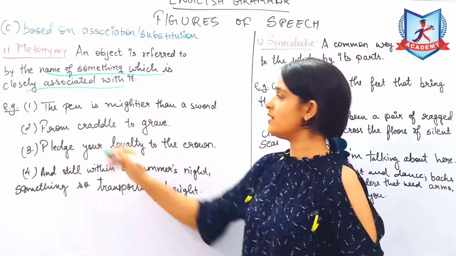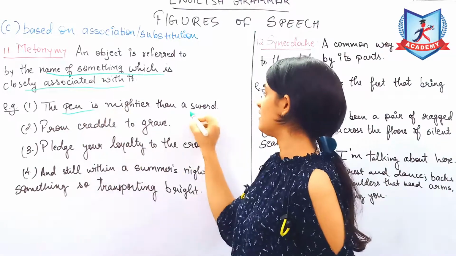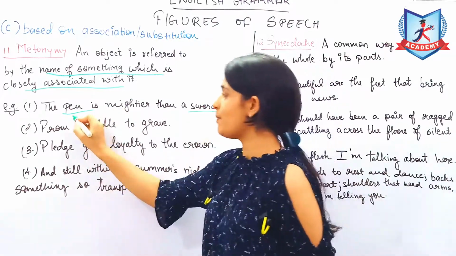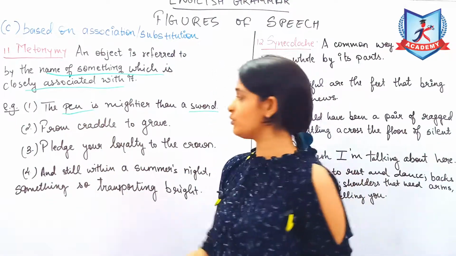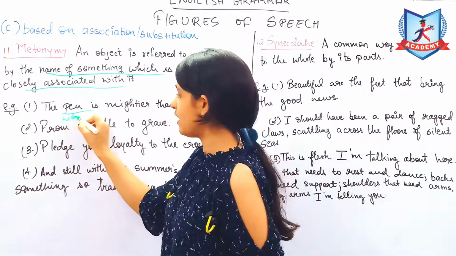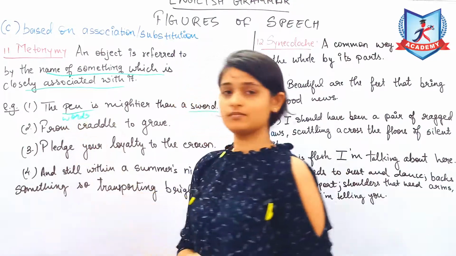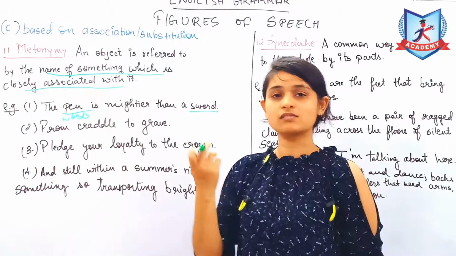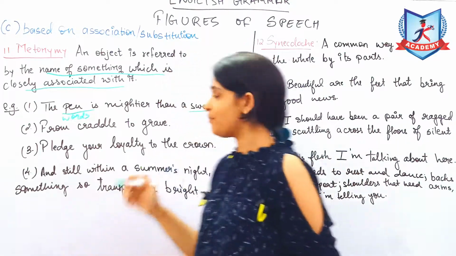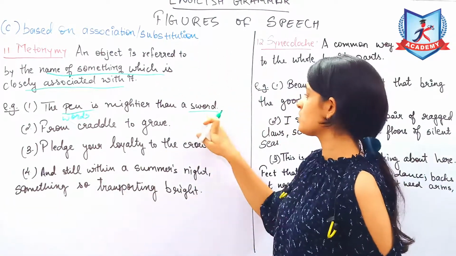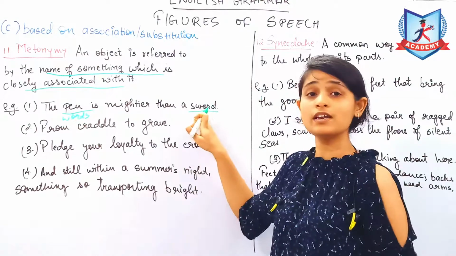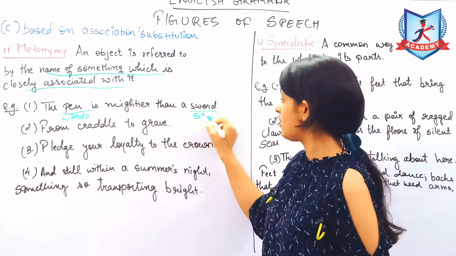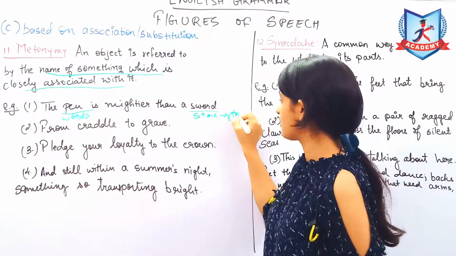For example, the pen is mightier than a sword. Here, by pen we are referring to the actual words which are written, the language, because power lies in words. And by sword we are referring to the strength of the person, physical strength.